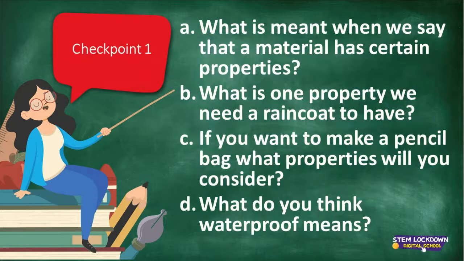Hard, soft, strong, weak, flexible, stiff, heavy, light, waterproof, absorbent. Now let me choose. You can choose your answers, but let me tell you which ones I can choose. Between hard and soft, I will choose soft.